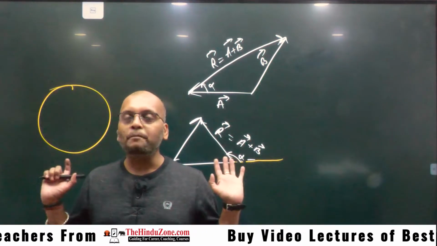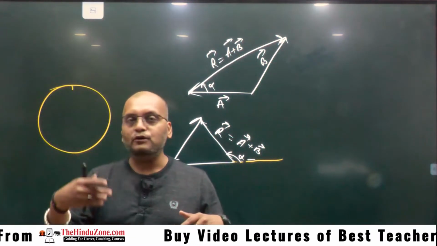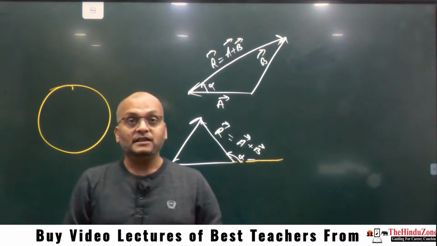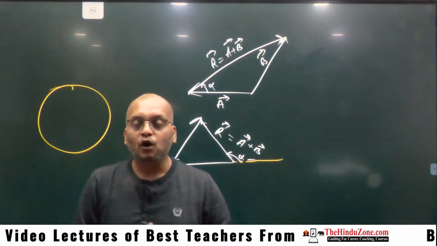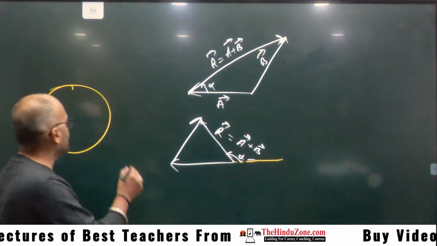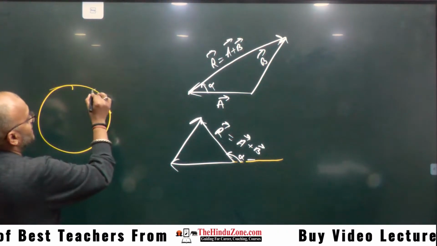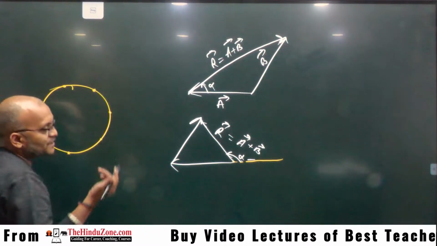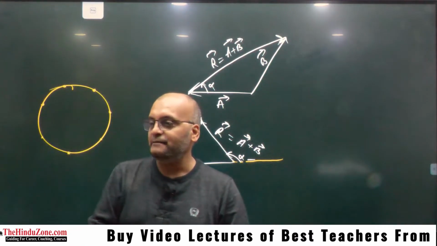Now the park is so big, let's say, that Nikita won't be able to look for Zoya just like that. She needs a perfect location. So how will Zoya give her location? She is rotating in a circular path. So what will she tell? Where can you find me?